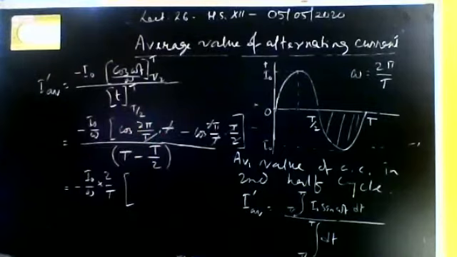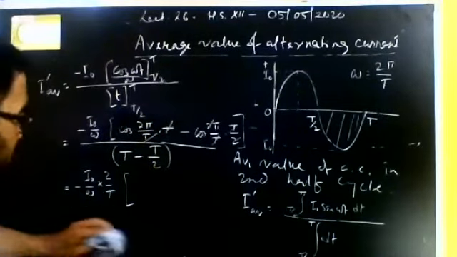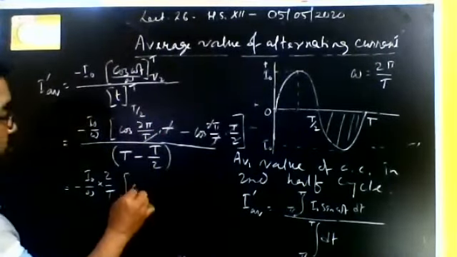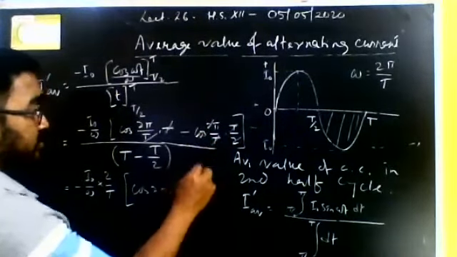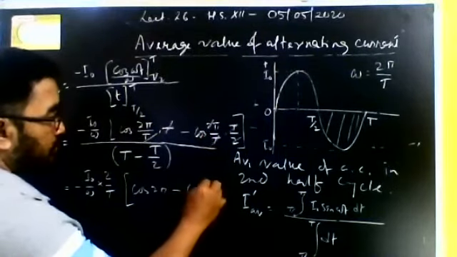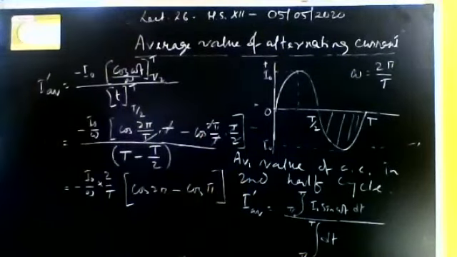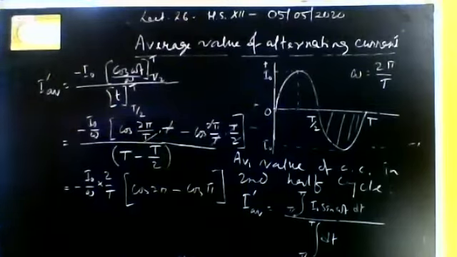So cos 2π value. Okay. So what is the value of cos 2π? You know, cos 2π minus cos π. As you know, cos π is equal to minus 1.